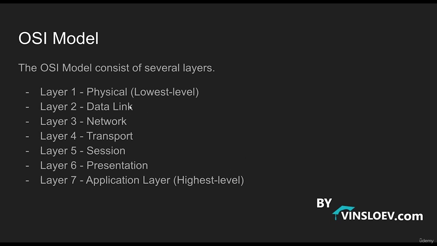Layer 1 is the physical layer, which is the lowest level, where we have the electric bytes and cables, whereas layer 7 is the application, meaning the application and front end that you're interacting with, which is the highest level. And then we have different layers in between.